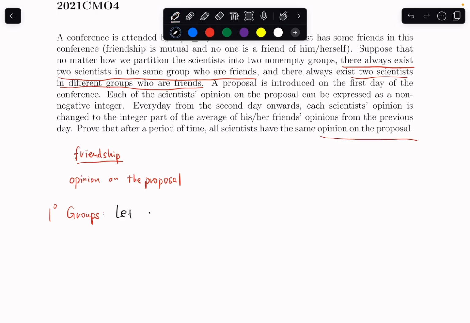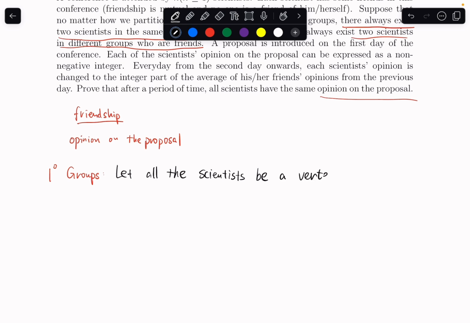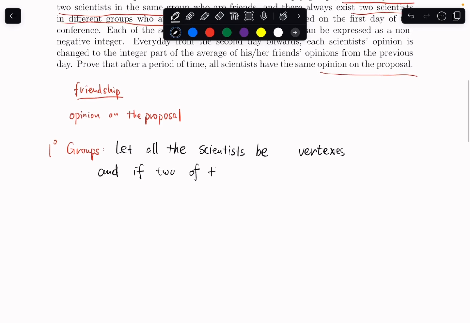Let all the scientists be vertexes, and if two of them are friends, link them with an edge.